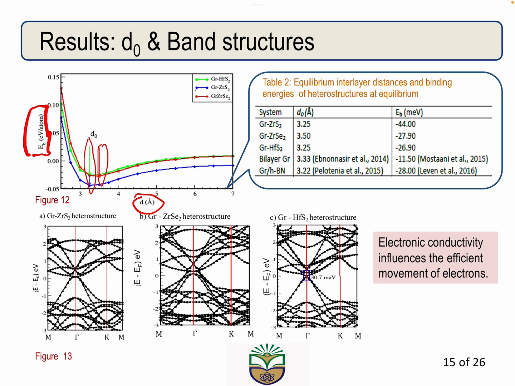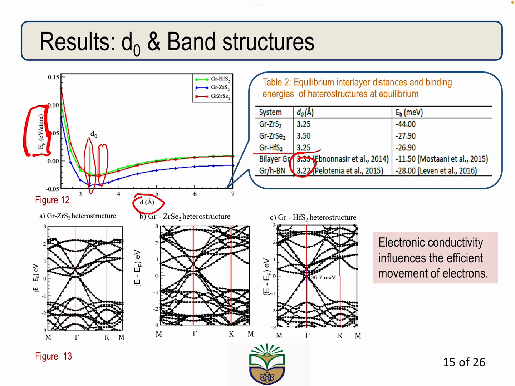So we identified these points, and what we observed is that for the various heterostructures, it was between 3.25 and 3.50. And when we compare with other studies, we found this to be within an acceptable range.